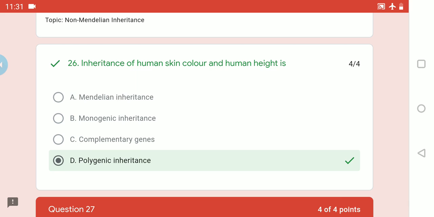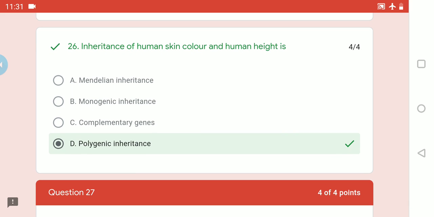The next one, inheritance of human skin color and human height. While we were talking about polygenic inheritance, if you remember the definition, you can easily identify the answer. Let me define once again what polygenic inheritance is. The expression of a trait controlled by two or more genes is called polygenic inheritance.